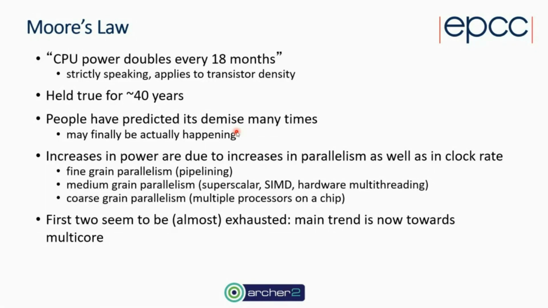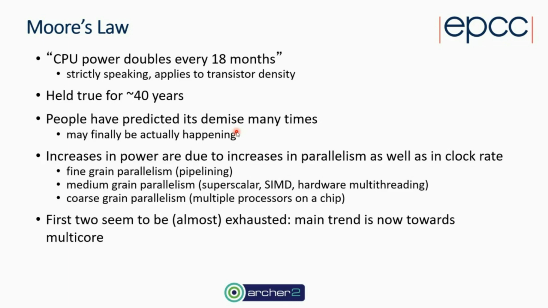And the processor manufacturers have got to a point where this reduction in voltage is not really possible anymore, because the transistor just doesn't then recognize the transition between a 1 and a 0.